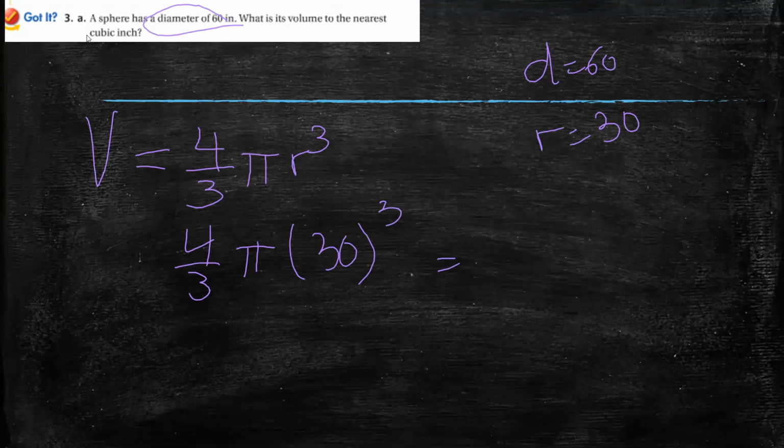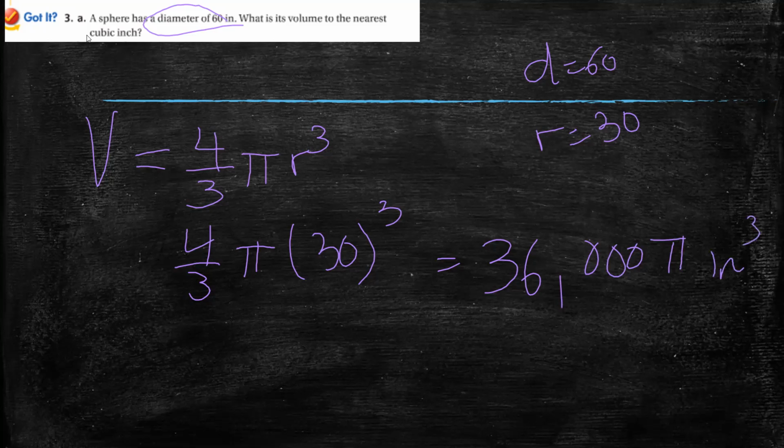So 30 cubed times 4 over 3 is 36,000 pi cubic inches. This is the volume of the sphere if the diameter is given. So if the radius is given, it's so easy, just evaluate. If the diameter is given, you have to divide it by 2. If the circumference is given, you find the radius by dividing the circumference by 2 pi.